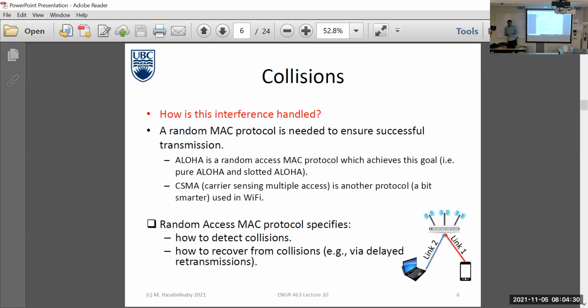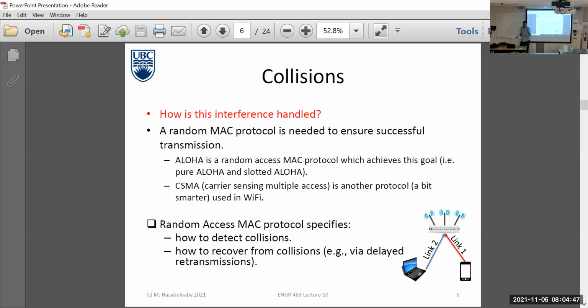So what we need? What is the problem here? We have collision. This is the problem. How can we solve this problem?